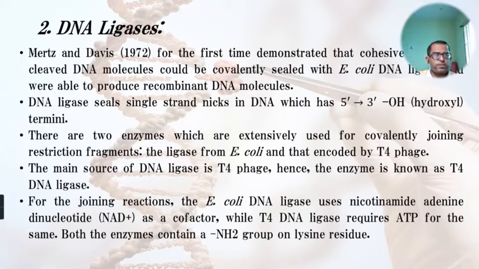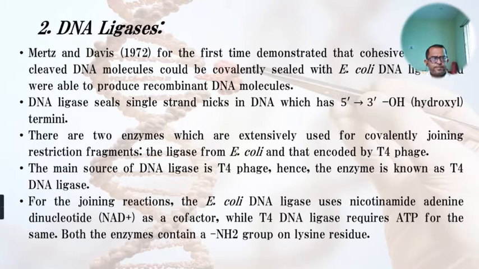So there are two sources that can be used in recombinant DNA technology. But the main source is the T4 bacteriophage, and the ligase enzyme extracted from it is known as T4 DNA ligase.